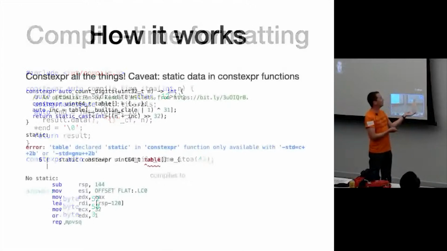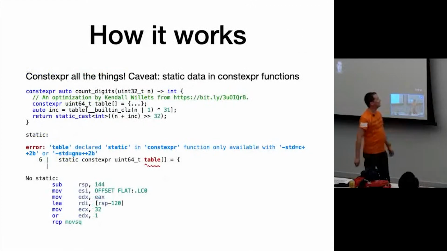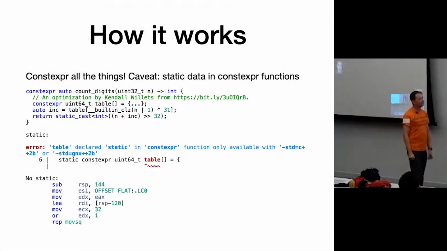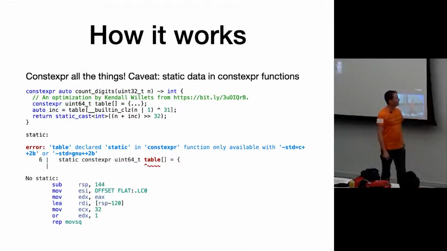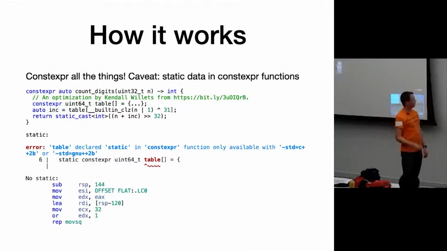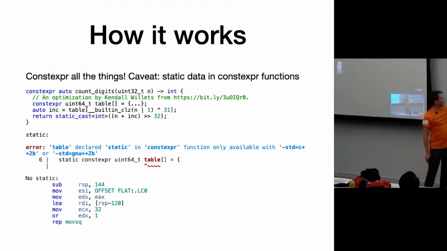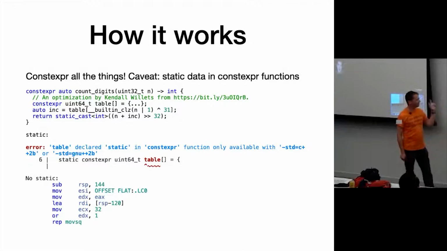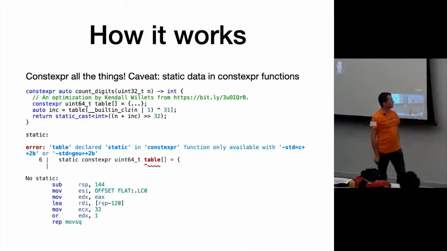So there is no magic here. Just const for all the things. You go through the library and put const everywhere. But there is one problem here. If you have static data, then it's problematic, because until C++23, I think, you cannot have static tables in your constexpr functions.